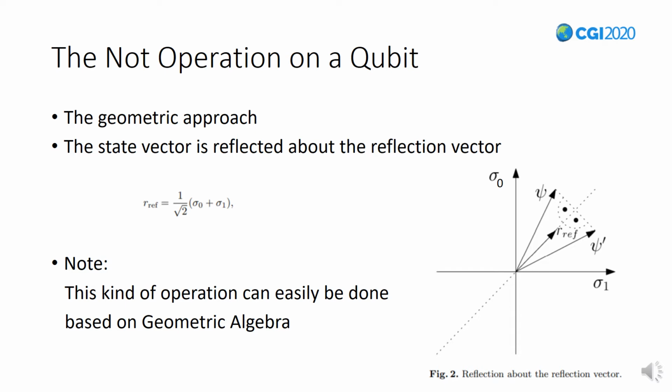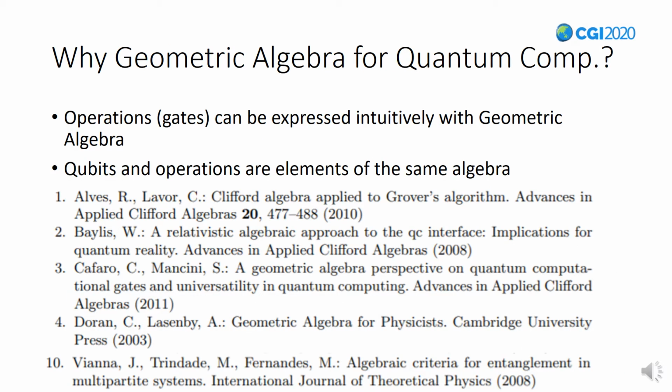And since the operations on qubits always have some kind of geometric meaning, this can easily be described based on geometric algebra. This is already one answer to the question why geometric algebra is so interesting for quantum computing. It means operations or gates, as they are normally called in quantum computing, can be expressed very intuitively with geometric algebra.